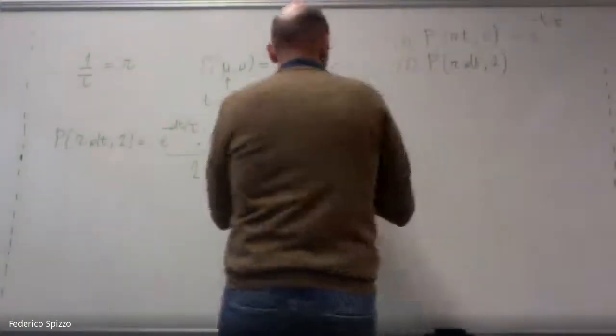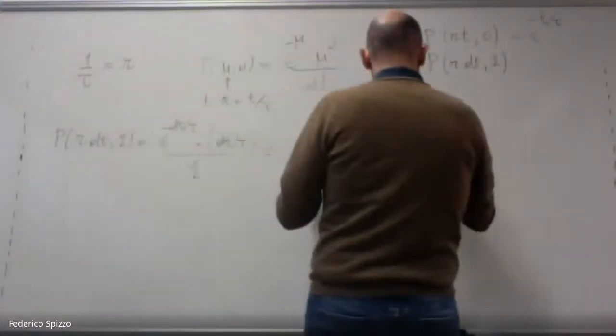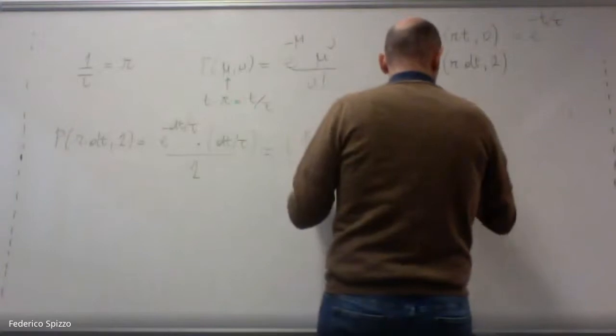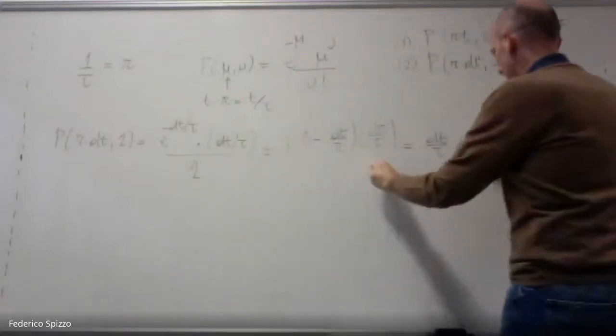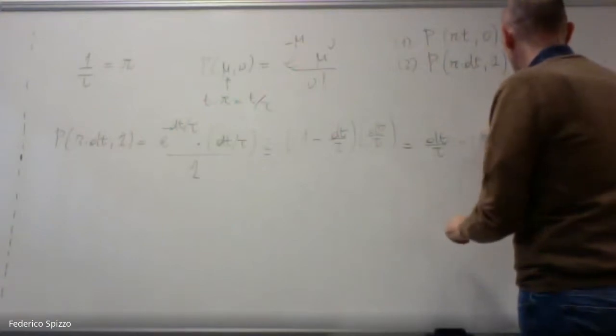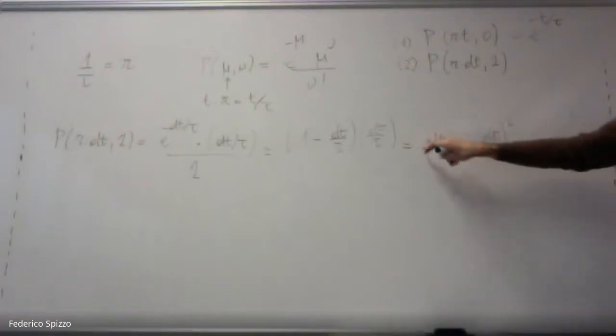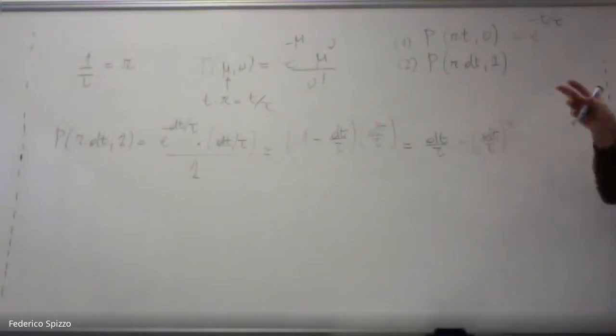Here we have dt divided by the relaxation time, minus dt divided by the relaxation time to the power of 2. Since dt is expected to be very small, dt to the power of 2 is expected to be smaller and smaller.